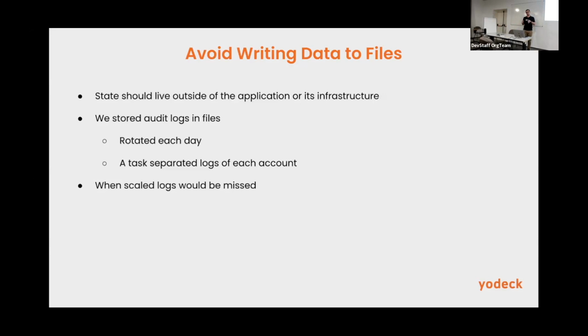We couldn't ensure that the task that performs this rotation would run on a specific instance, and also you can't ensure that the request will hit only one instance. And if it does, then you don't have scaling. You're just pinned to a single instance. So what we did, we moved all this logic outside of log files and stored them in the database, and the task, instead of reading from files, reads from the database.